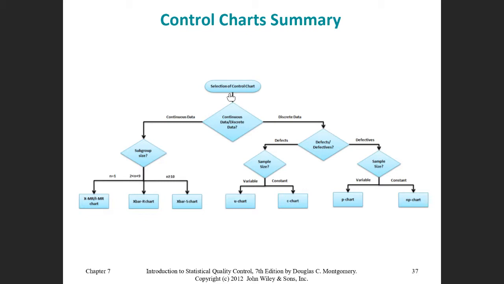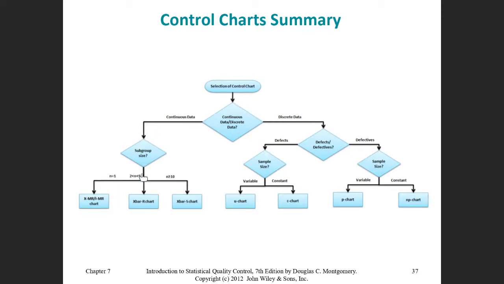So first, by looking at the data, we identify whether it is variable or attribute data, because that will take us to two different branches. If we have discrete or attribute data, we go to the branch on the right. If we have continuous or variable data, then we go to the branch on the left.